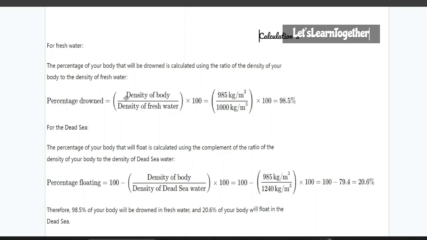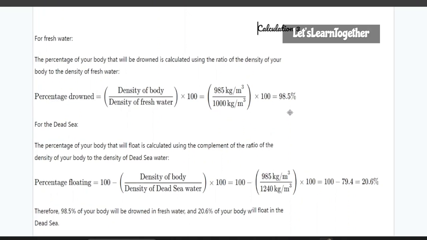So you have to divide the density of that body which is immersed by the density of the liquid. So in this regard, as we are calculating for fresh water, then this is the density of fresh water, multiplied by 100 because we want to find the answer in percentage, right? That's why.